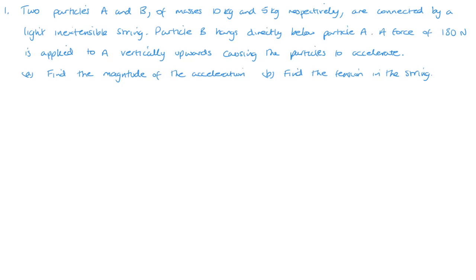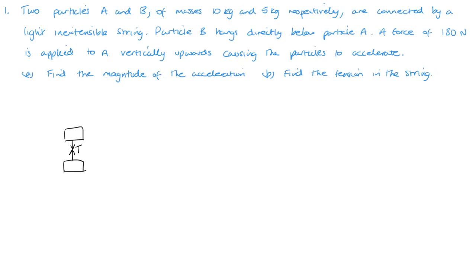So, question 1. We've got 2 particles A and B of masses 10 and 5 connected by a light inextensible string. Particle B hangs directly below particle A. Okay, so we've got 2 particles hanging like this, a string between them, so that is the tension there.